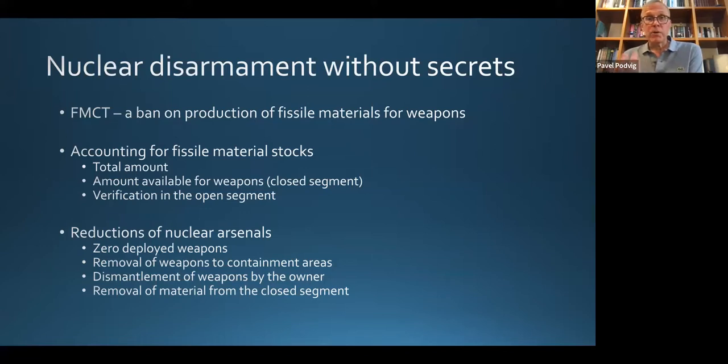And with nuclear arsenals, again, I think that the path is very clear. You move weapons into a bunker, and as I usually say, you move them into a bunker and you strangle them there.